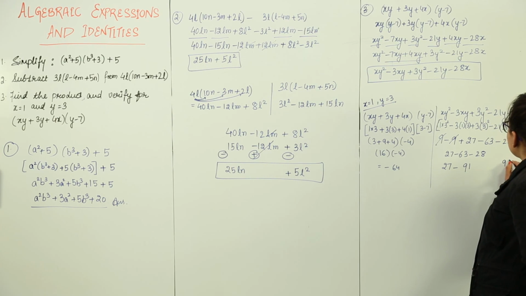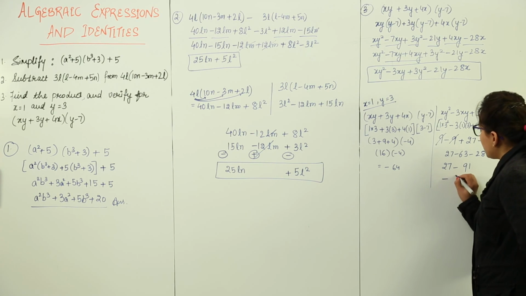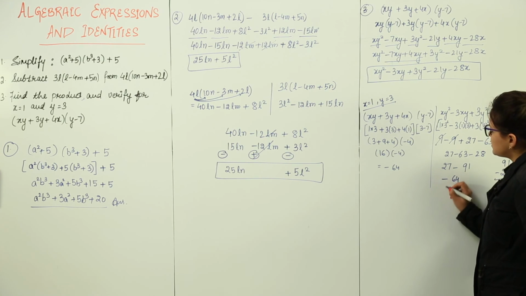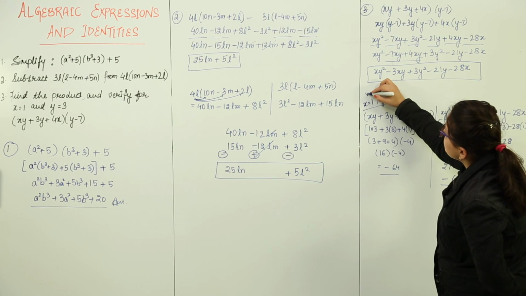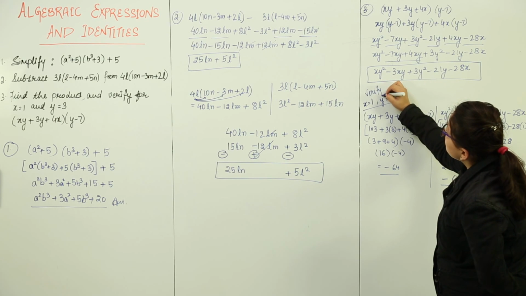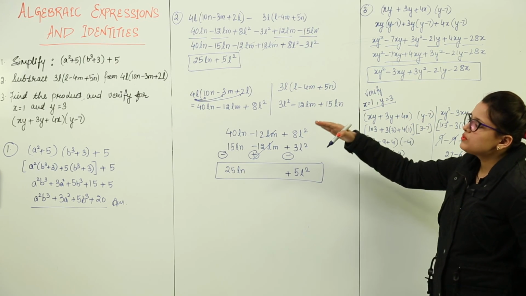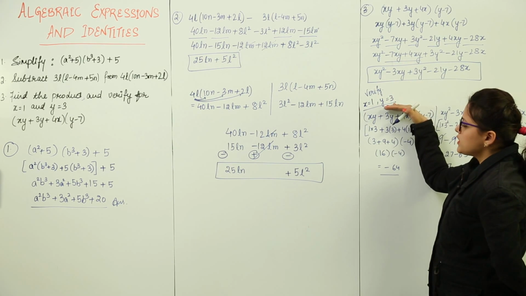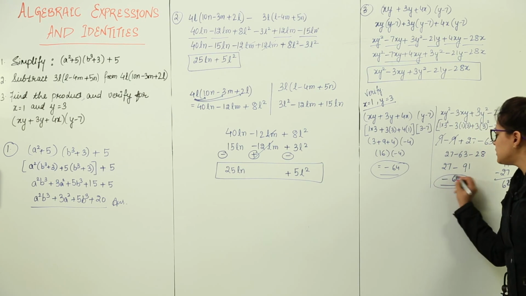If you subtract 27 from 91, you get 64, right? So your answer comes out to be minus 64. This is what you had to do in the second verification part. So when you are given any such question, you find the product and put the values of variables in the question and the answer. Both the answers should come out to be the same.